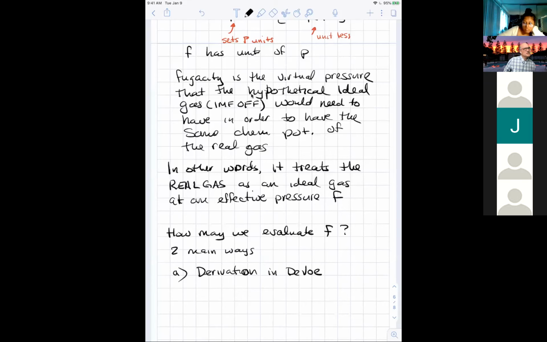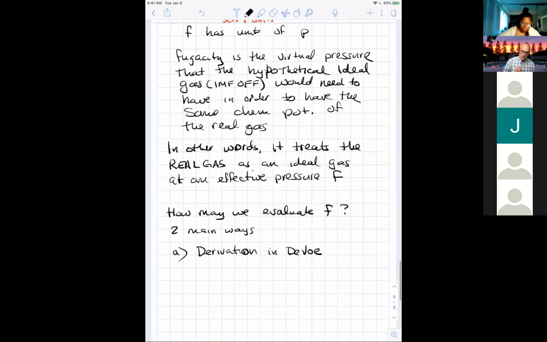I don't think this one's super difficult to understand, right? So I may go through and write this out a little bit more explicitly in a little bit different way than Devoe does, right? But what we get is the log of the ratio. So this ratio or relationship between these two is going to be important.